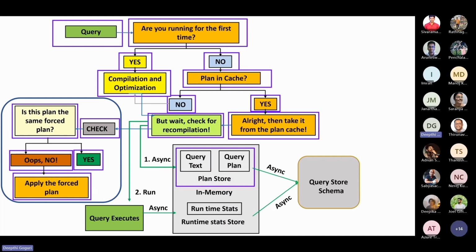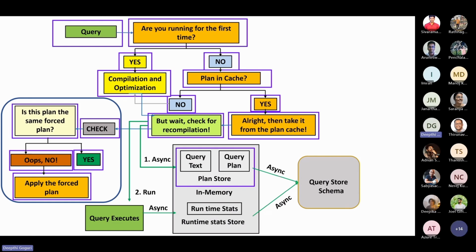There are two memory areas that get enabled, known as the plan store and the runtime stats store. These two are enabled once you enable the query store. Inside the plan store, the query text and the query plan will be saved. Again, this is in memory, right?